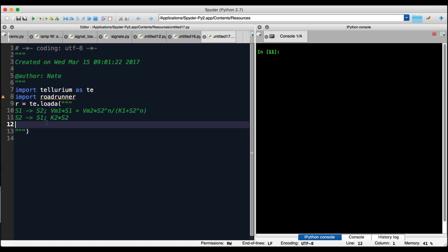Now I have to define the constants. Okay, so for the initial conditions, S1 equals 3, and S2 equals 0.